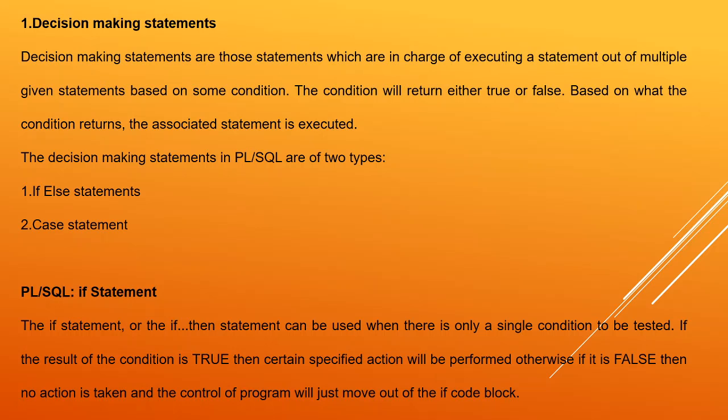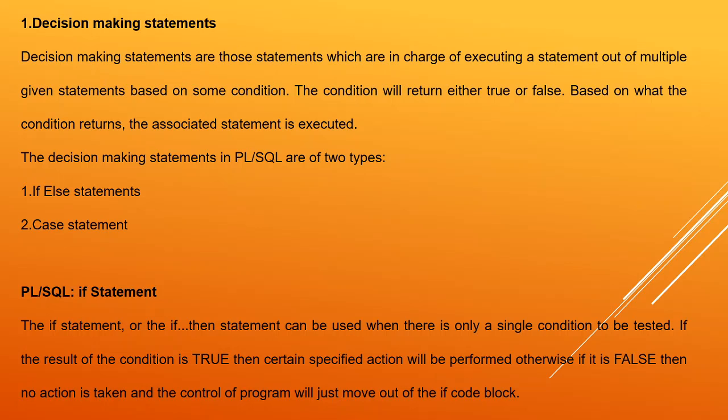Next, decision making statements. What are decision making statements? Decision making statements and loops, we generally require them because it's not just about retrieving the data from the database. With SQL select statements, we generally retrieve data from the database. After retrieving the data, you want to make some decision on the data you retrieved, right?